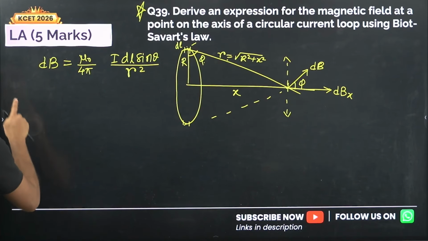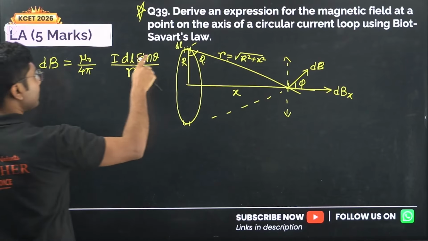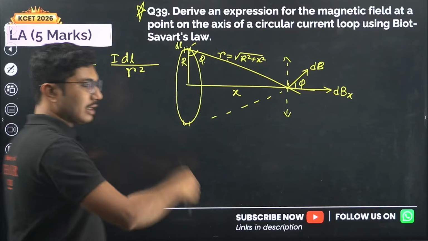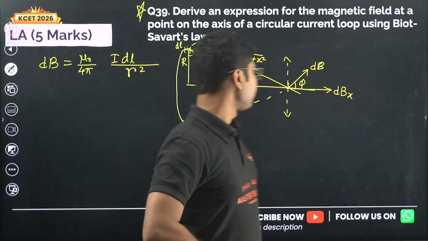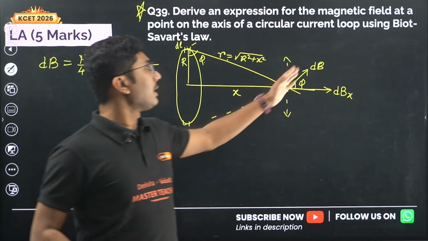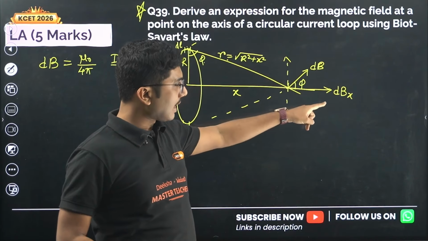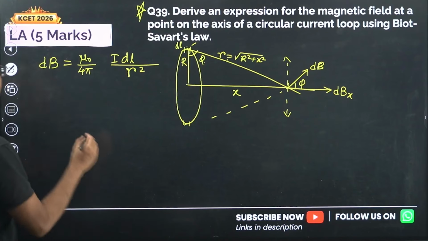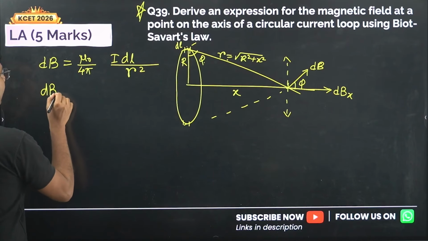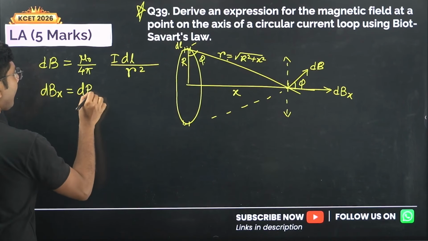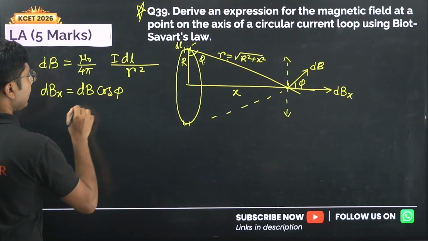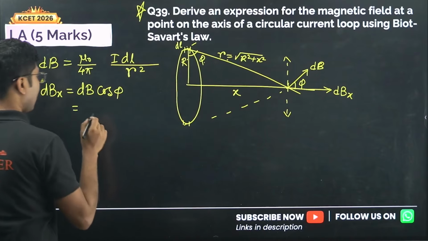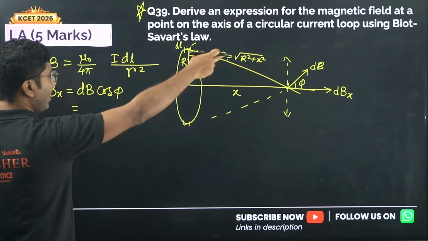Now here, as I mentioned, theta is 90, so sin theta is 1. So dB in this case is I dl by r square. But dB is immaterial because dB has two components, one is y, another one is x. The y component is not playing any role, so only dBx we need to calculate. So dBx is dB cos phi. What is cos phi? Cos phi is capital R divided by small r, base by hypotenuse.